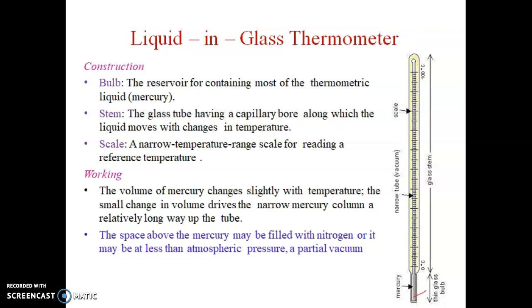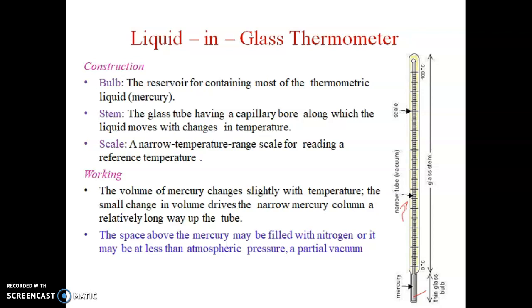which is filled with mercury, then a stem having a very narrow opening, then a scale which is graduated over the stem, and the space above the mercury is either filled with nitrogen or it will have a partial vacuum.